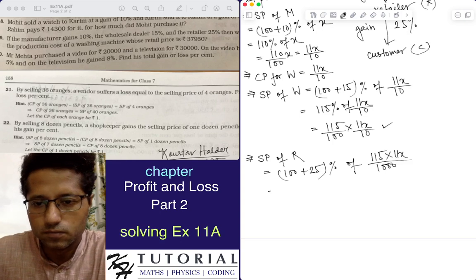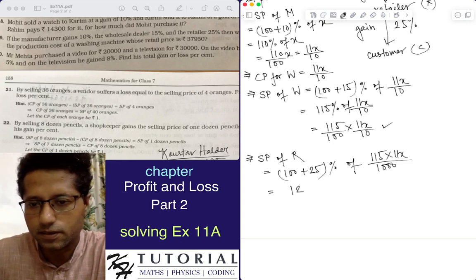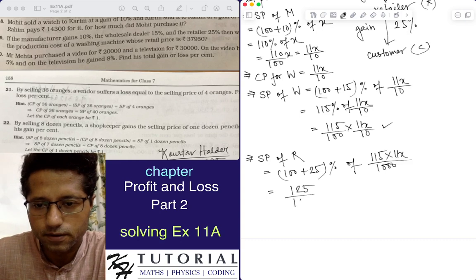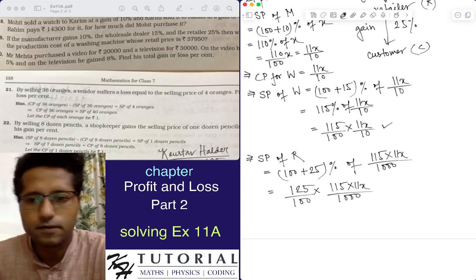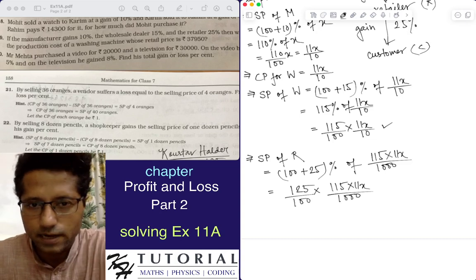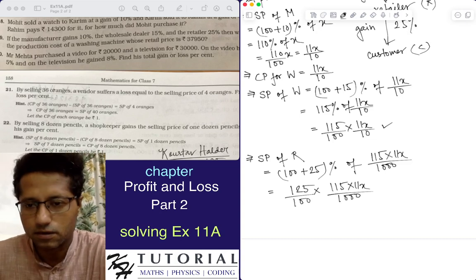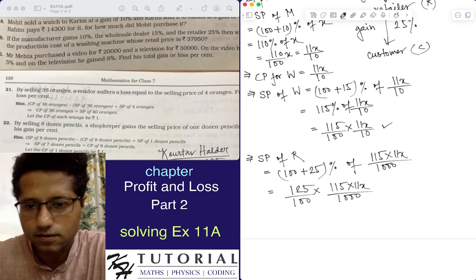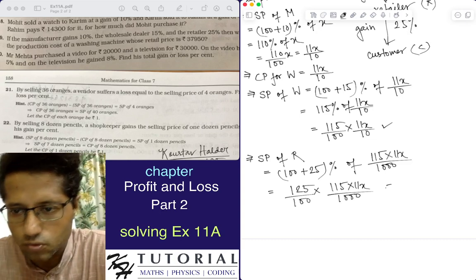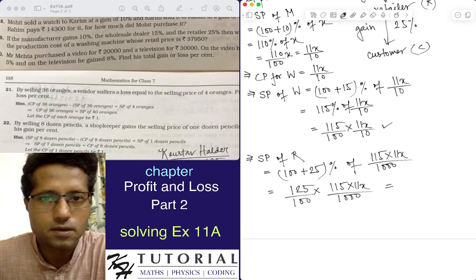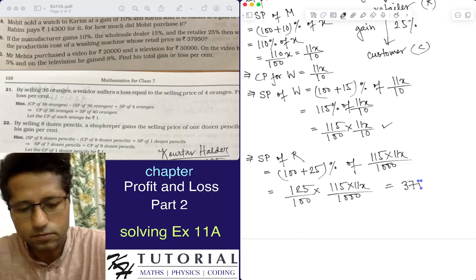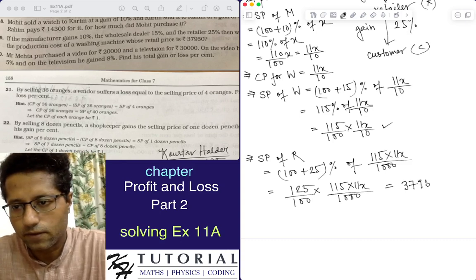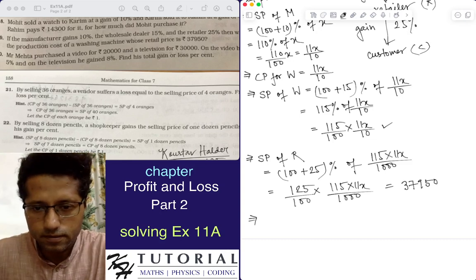This is equal to 125%, which is 125 by 100 into 115 into 11X divided by 1000. So this is finally the price at which the customer is buying from the retailer, or this is the retail price. So we can equate this to the given retail price, which is 37950. So from here we solve for X.